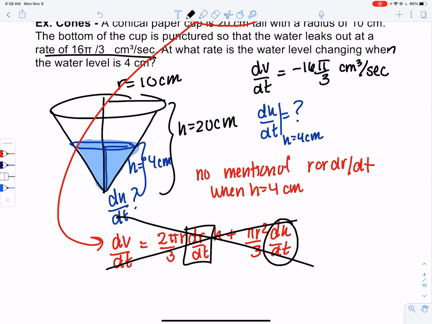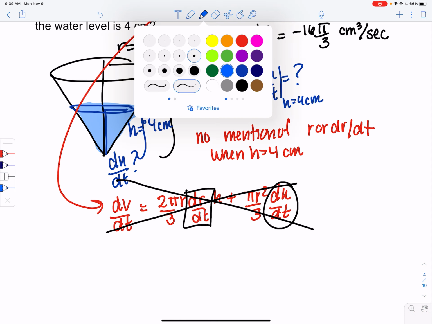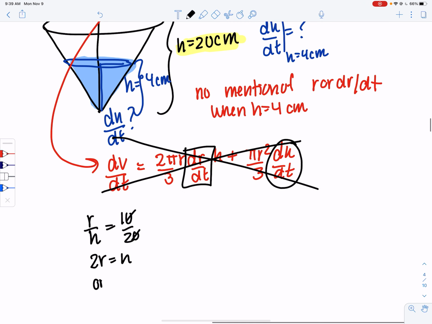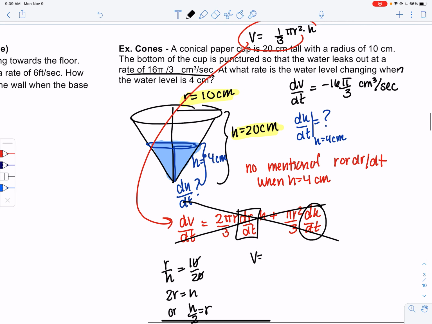So instead, what I'm going to do is use the original dimensions of the cone to set up a proportion. R to H is 10 to 20. That means that 2r equals h, or h over 2 equals r, and get that original equation in terms of just h.